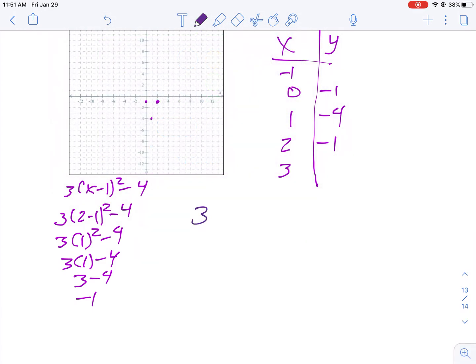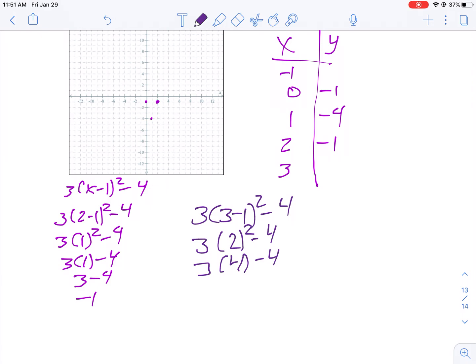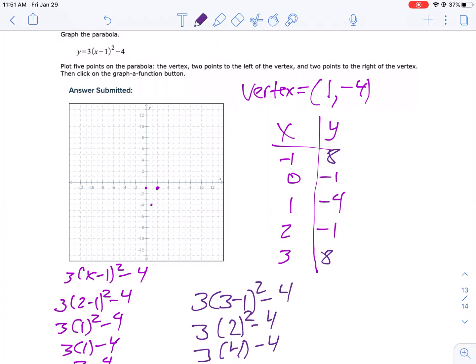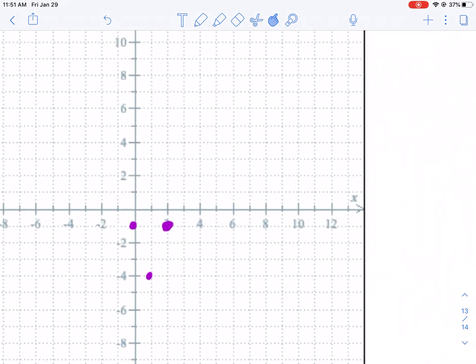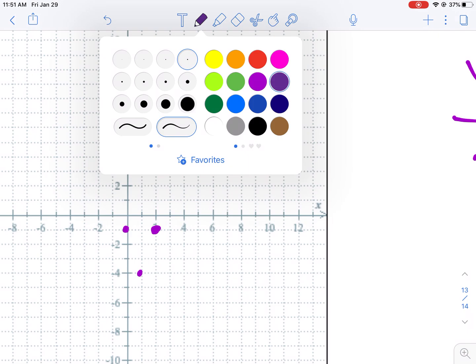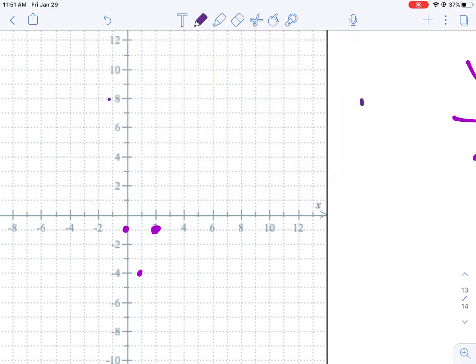So I'm going to go 3 times 3 minus 1 squared minus 4. 3 minus 1 is 2. 2 squared is 4. 3 times 4 is 12. Minus 4 is 8. So when x is negative 1, we're going to be up at 8. And when x is positive 3, we're going to be up at 8.